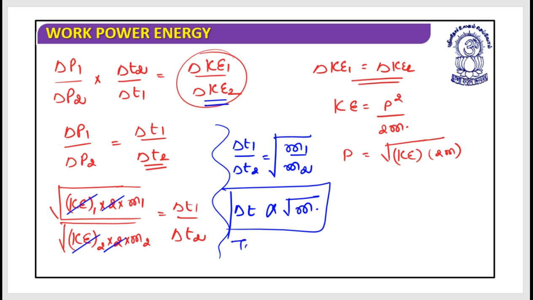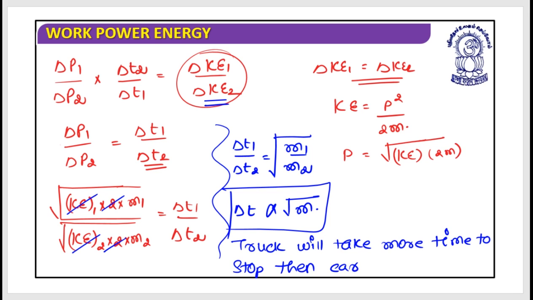That means truck will take more time to stop than car if kinetic energies are same. I hope this is clear. So this can be proved easily. Yes, I hope this is clear.